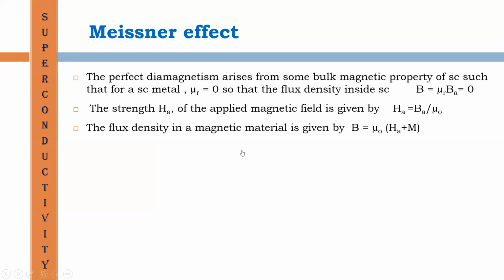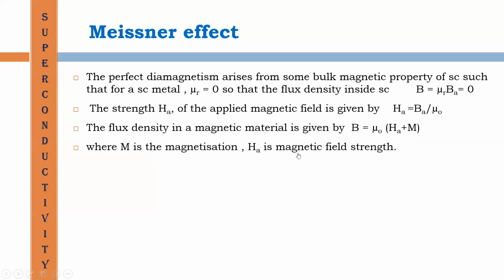The flux density in the magnetic material is given by B is equal to mu 0 times (HA plus M). And here we know that B is equal to 0, where M is the magnetization and HA is the magnetic field strength.